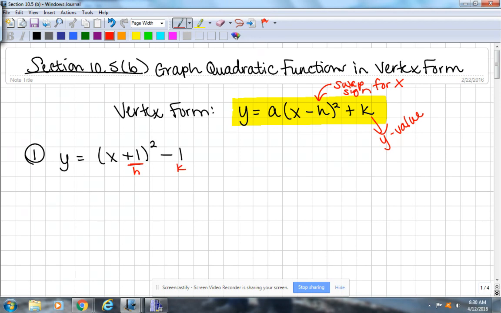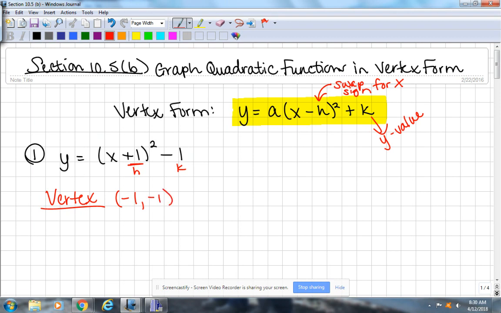To get that ordered pair, I'm going to swap the sign of my h to get the x value. So what's the opposite of 1? -1. And k, you keep it to get your y. So that is -1.